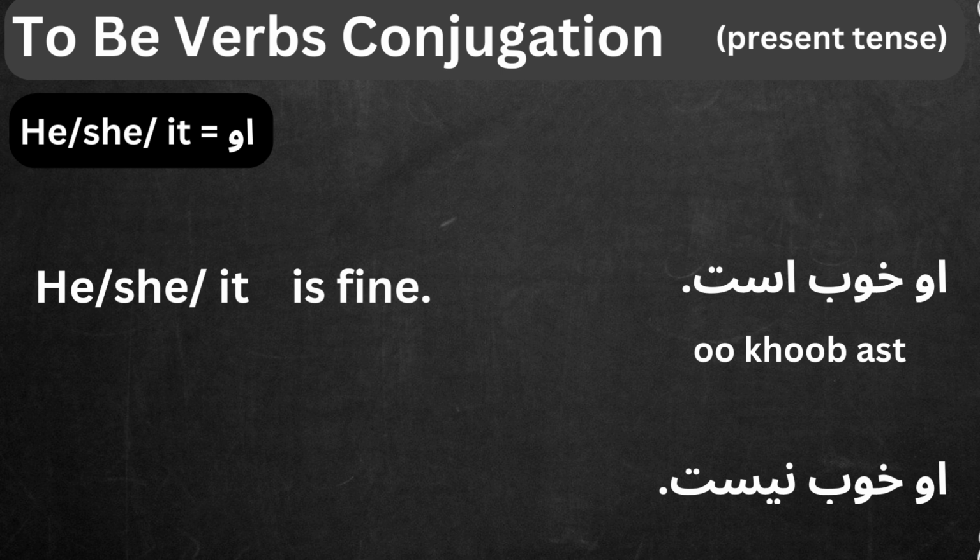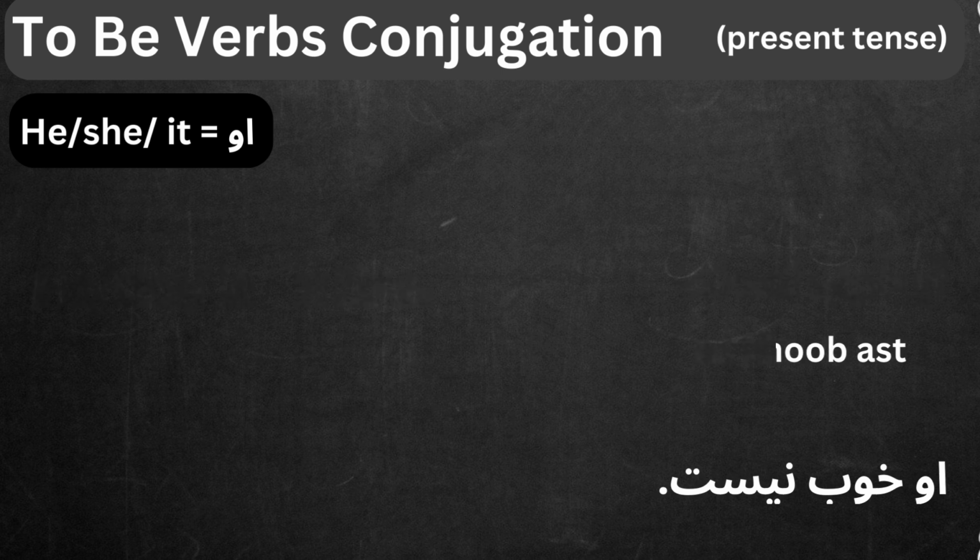There is a small difference between است and hast. Hast shows the existence and است is usually used after an adjective. For example, here in this sentence, خوب is an adjective and است is used after that. او خوب است. Negative form is او خوب نیست.